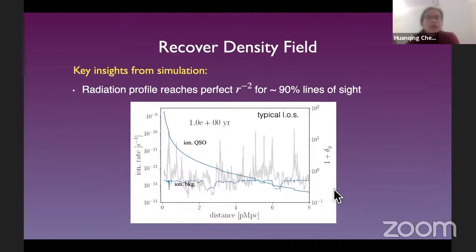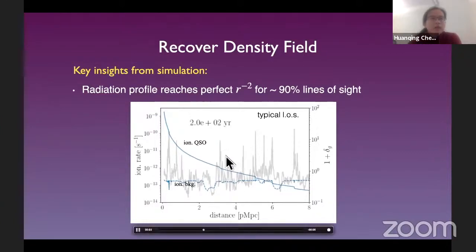The first, very important point is that for the majority of the sightlines, the radiation profile is a very perfect power law with index -2. For example, in these typical sightlines, at first the cosmological filaments may attenuate the radiation from the quasar a bit, but because of the brightness of the quasar, these structures are ionized in no time and become completely transparent.